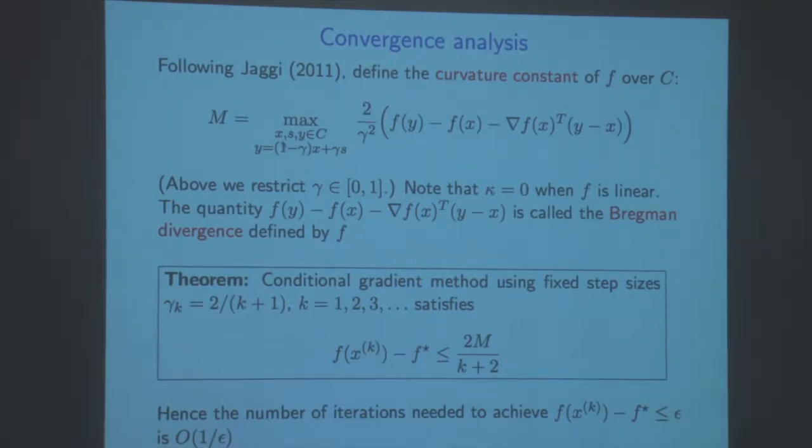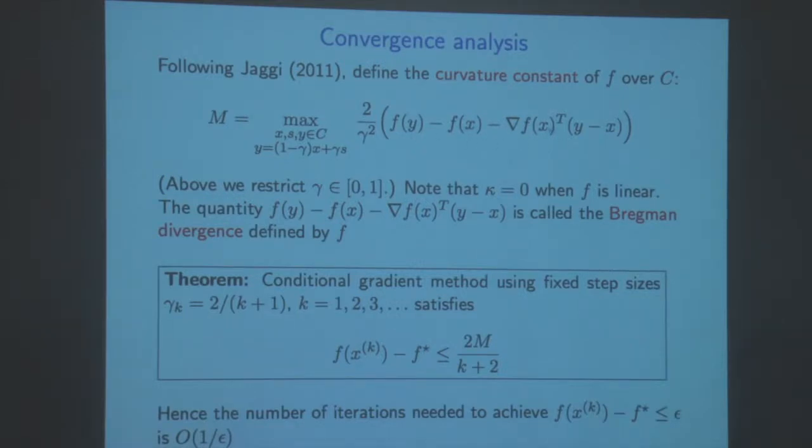I look at all triplets x, s, and y in the set C. Or really, I'm just looking at all points x and s in the set C, and every y that lies on the convex combination between x and s. So take any two points and take the line segment joining them. And what you compute is the difference between f of y minus f of x and this gradient term, the gradient of f of x transpose y minus x, along that line segment.